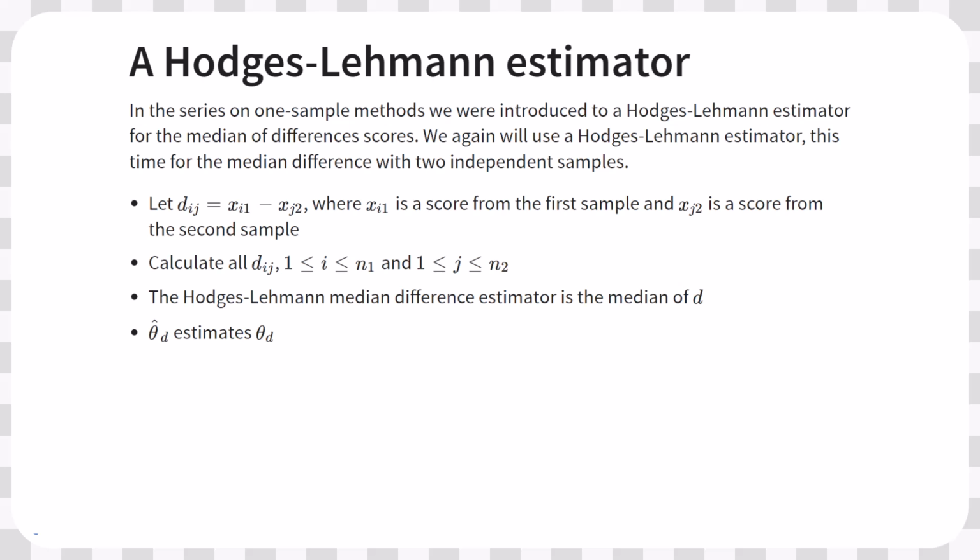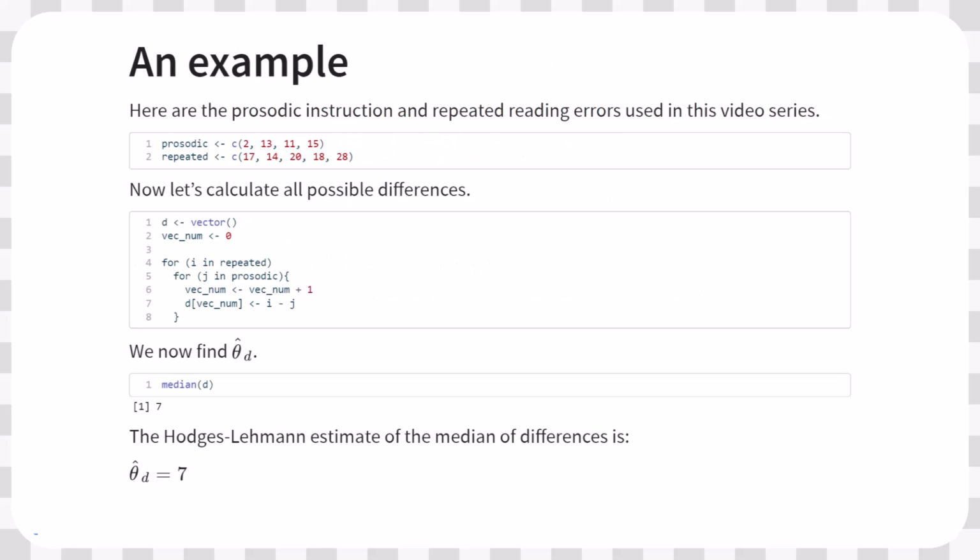This theta hat sub d estimates a population value of theta sub d. That is, if we had taken differences in the population instead of our samples and calculated the median of all possible differences, that would be theta sub d. We are going to look at theta hat sub d because we're using our samples, obviously, instead of the populations.